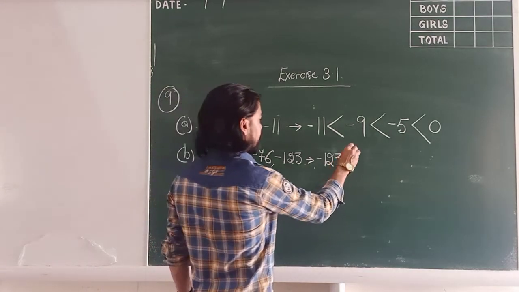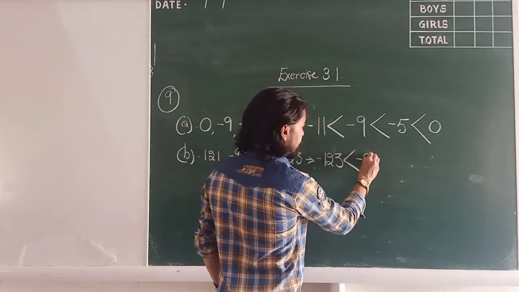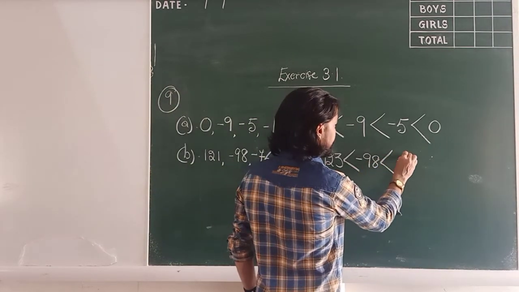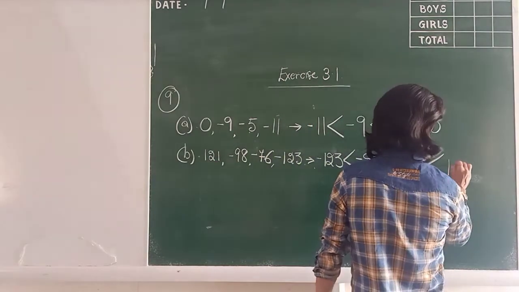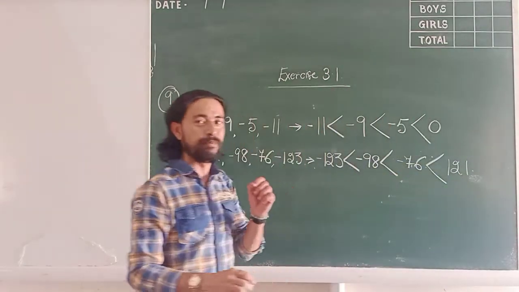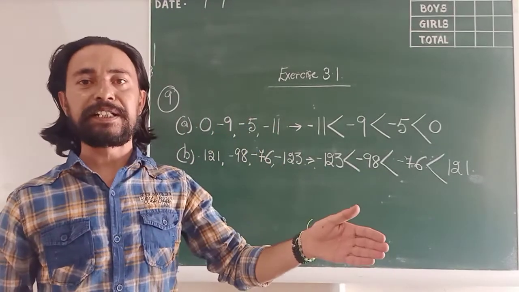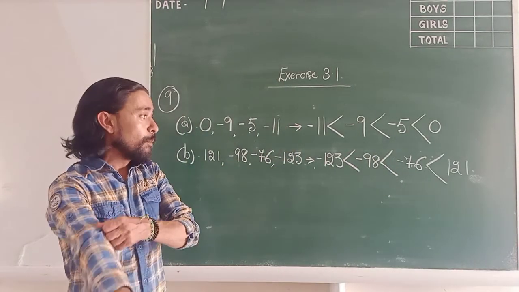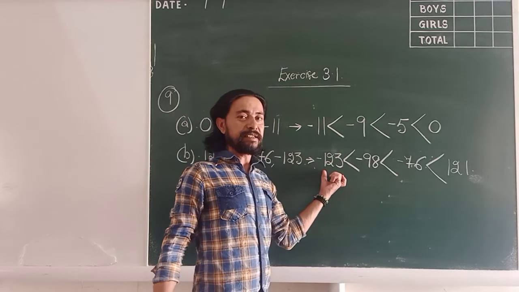Greater than minus 123 is minus 98. Greater than minus 98 is minus 76. And the greatest amongst all of these four numbers is 121 because it is the only positive integer. And as I have told you, all positive integers are greater than all negative integers.